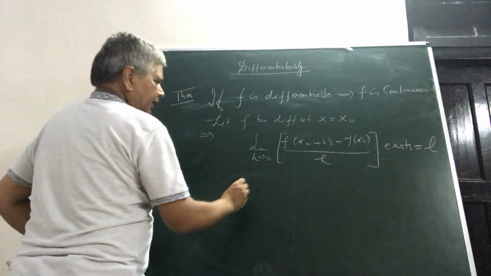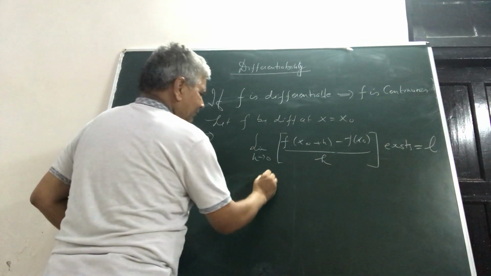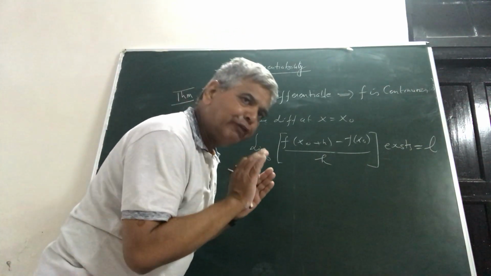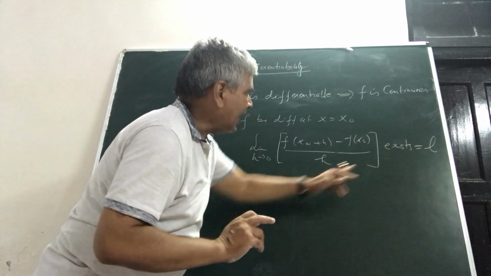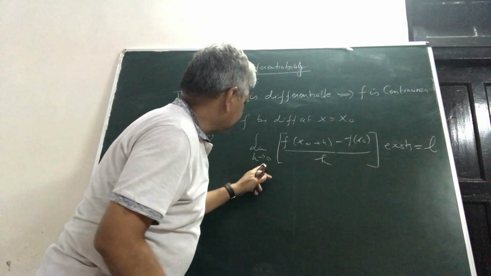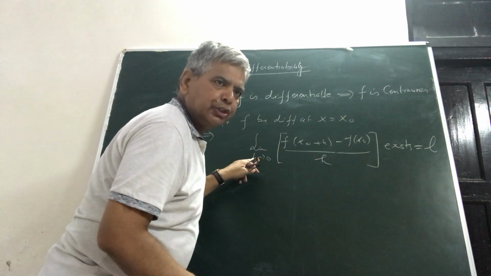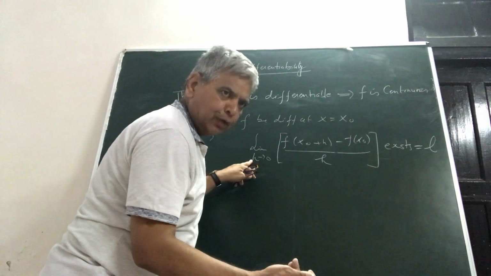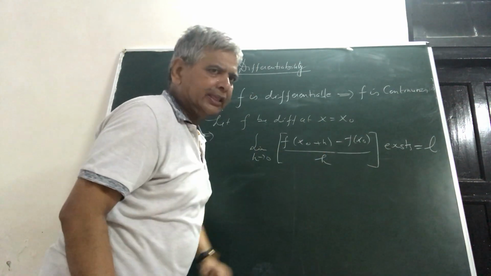So I choose some epsilon neighborhood of L. Because this limit exists, for every epsilon neighborhood of L, I would get a deleted delta neighborhood of 0 for h, so that whenever h belongs to that deleted delta neighborhood of 0, the functional value will fall therein.